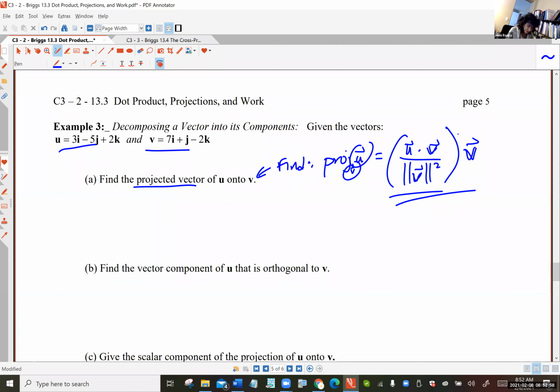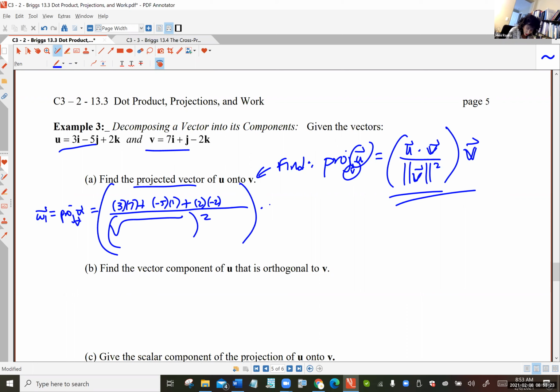Okay, here we go. So the W1 in my diagram up there, which is the same as the projection of u onto v, is going to be, we're going to be doing u dot v on the fly here. So 3 times 7 plus -5 times 1 plus 2 times -2 all over, well, we'll just have the magnitude squared, and then we'll multiply this with v.